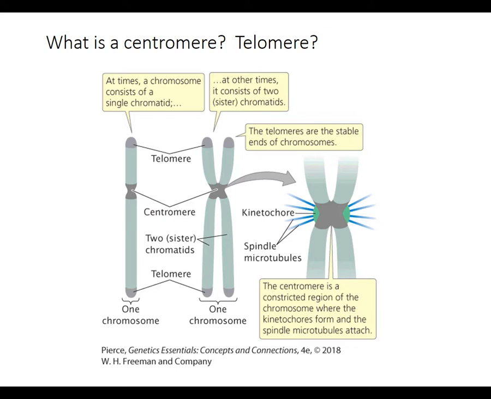So on the far left is a monad chromosome. That counts as one chromosome. In the middle of the screen here you see a dyad. A dyad still counts as one chromosome, but in our mind we remember it's made up of two sister chromatids. But when the two chromatids are connected at the centromere, we call it one dyad chromosome.